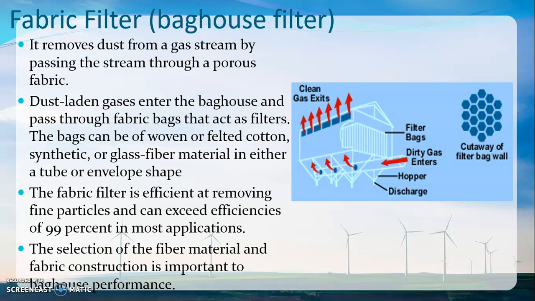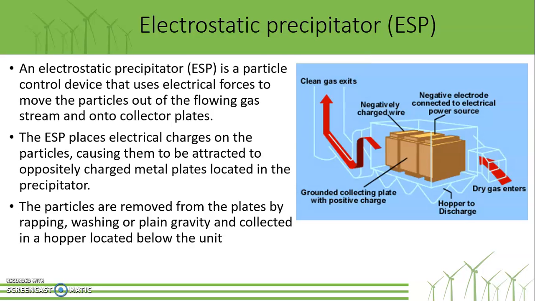And then this is the ESP. It uses electrical forces to move the particles out of the flowing gas. The electrical forces are in here: there's a negatively charged wire and negative electrode connected to an electrical power source. It will charge the particles, and the particles with the different charge go to the opposite one.